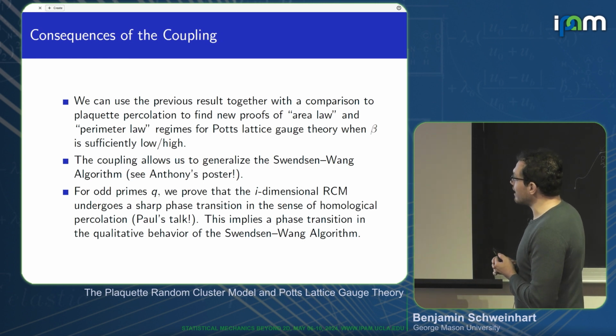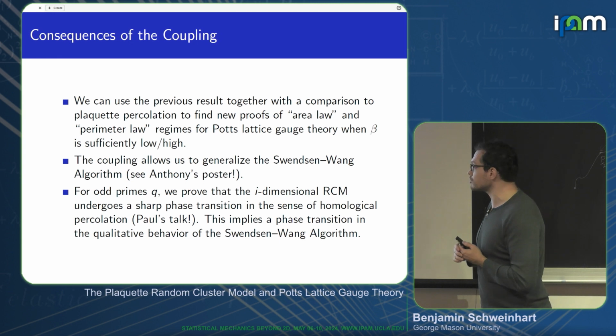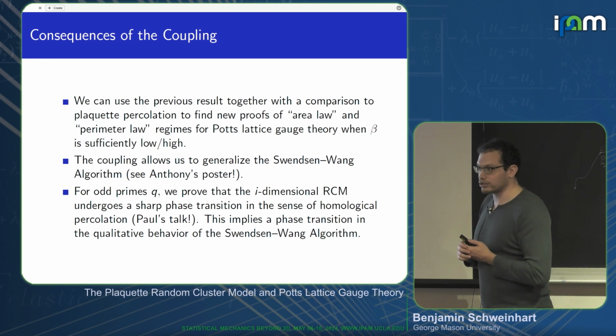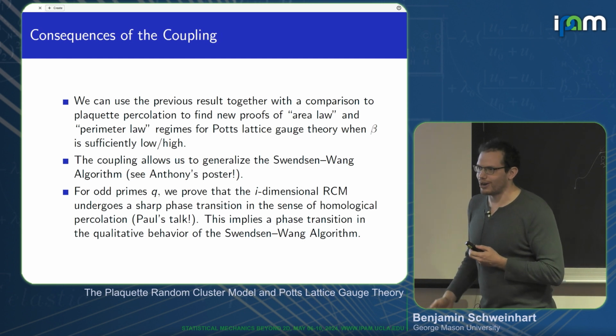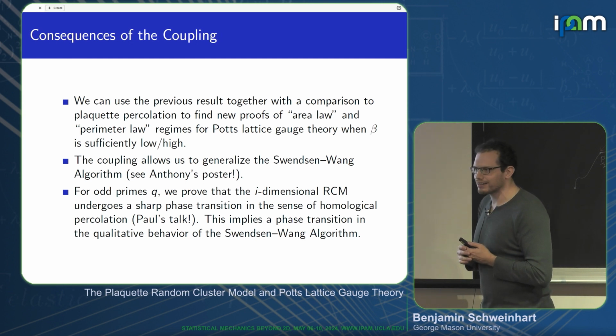The coupling allows us to generalize cluster algorithms for the Potts model to Potts lattice gauge theory, including the Swendsen-Wang algorithm, as you saw on Anthony's poster yesterday. Also, the coupling allows us to interpret the result that Paul told you about yesterday in terms of homological percolation. So in particular, you can look at two-dimensional plaquette percolation on the 4-torus, and you get a sharp phase transition.